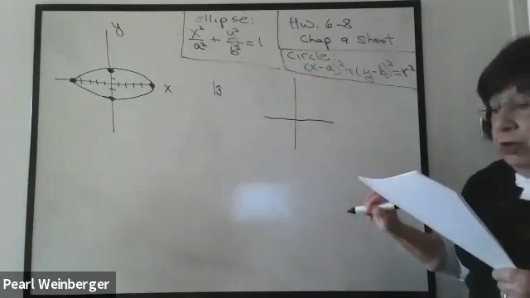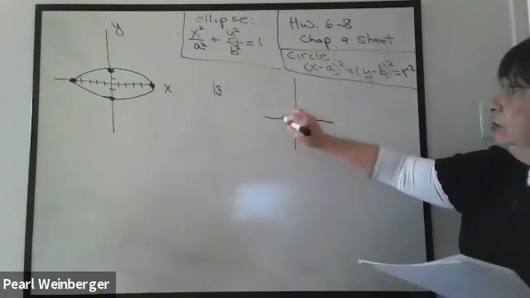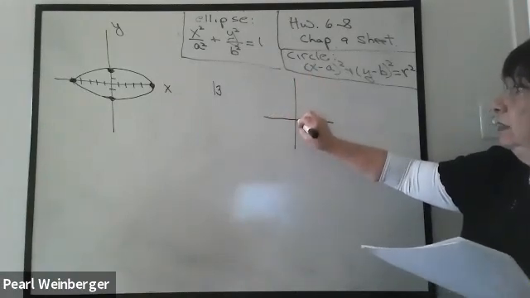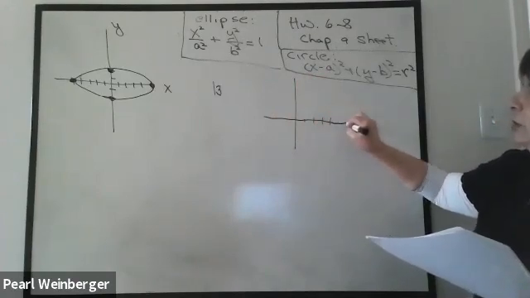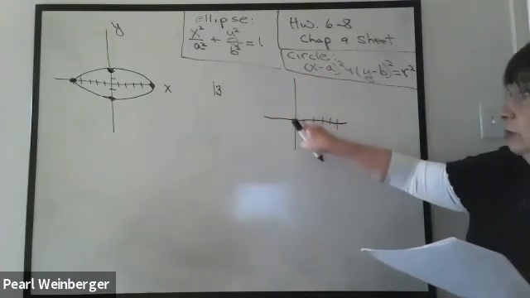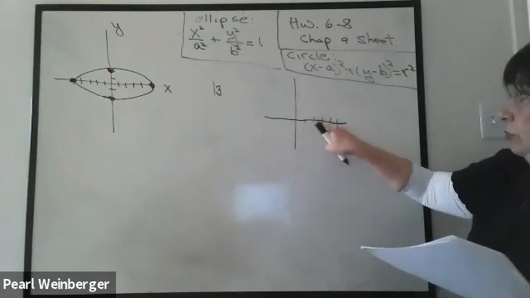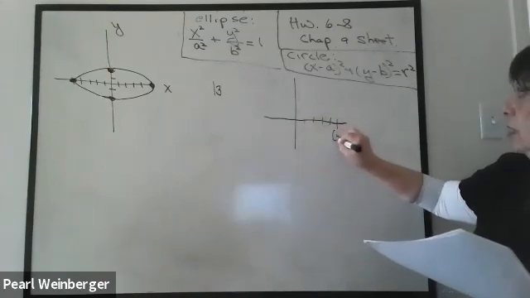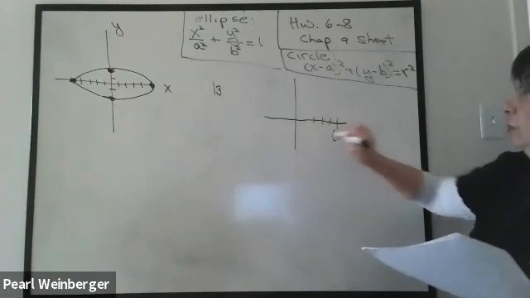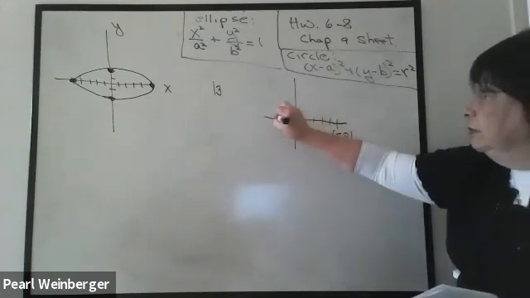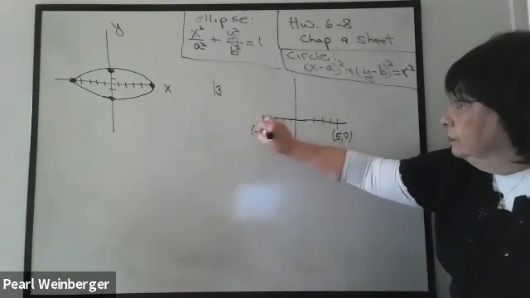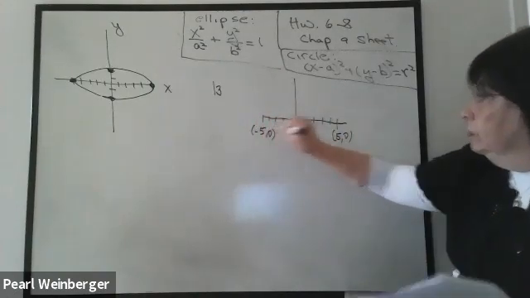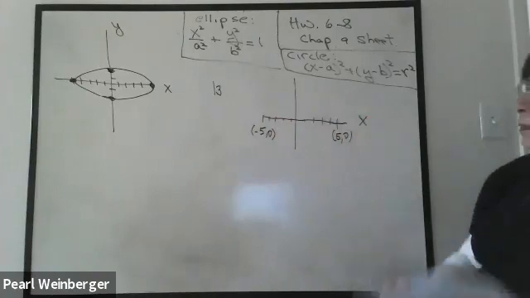Since the major axis is 10 and it's along the x-axis, it means it must be 5 in each direction, because from the center, it's going 1, 2, 3, 4, 5 to the right, and also 5 to the left. That's my major axis.